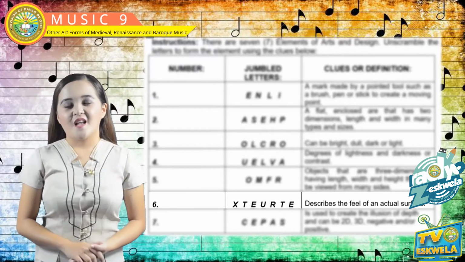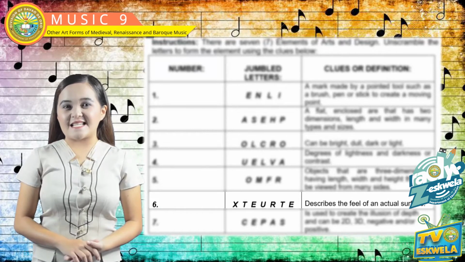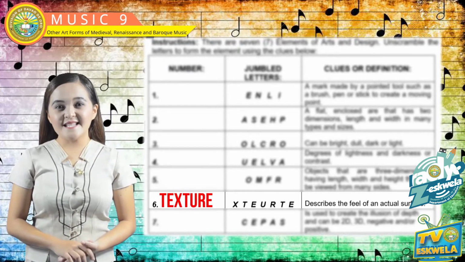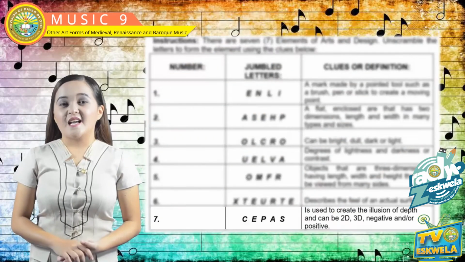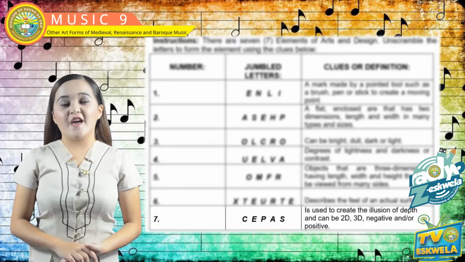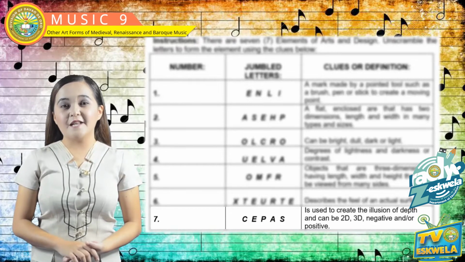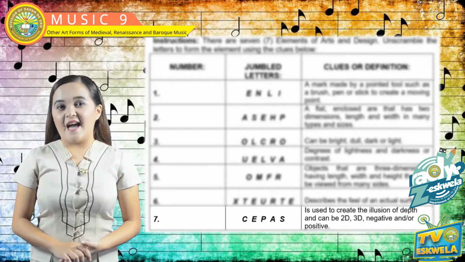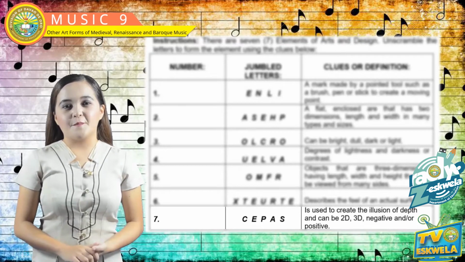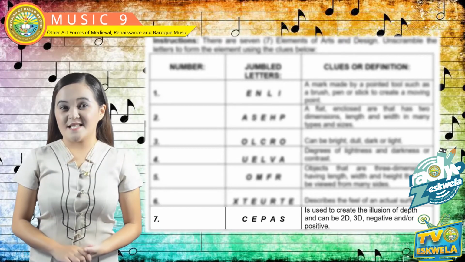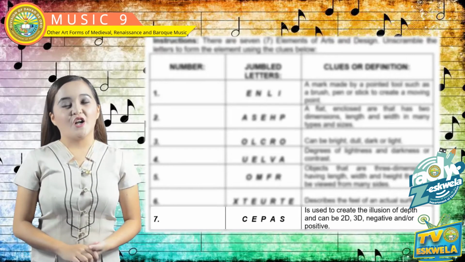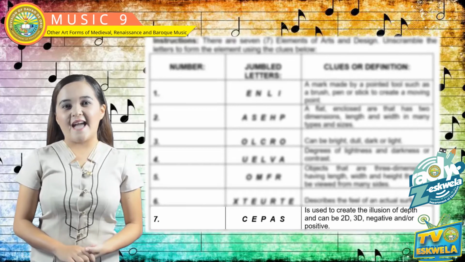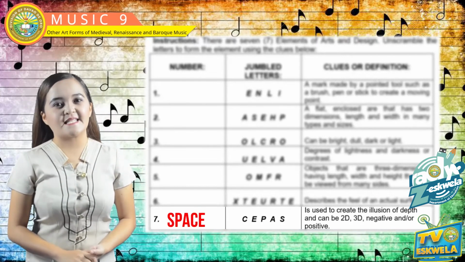Very good! The answer for number 6 is texture. Last number. It is used to create the illusion of depth and can be 2D, 3D, negative, or positive. What's the answer? Correct! For number 7, the correct answer is space.